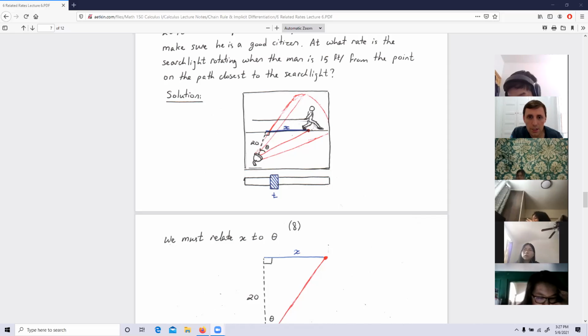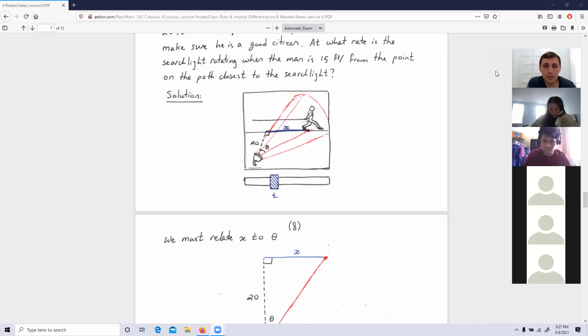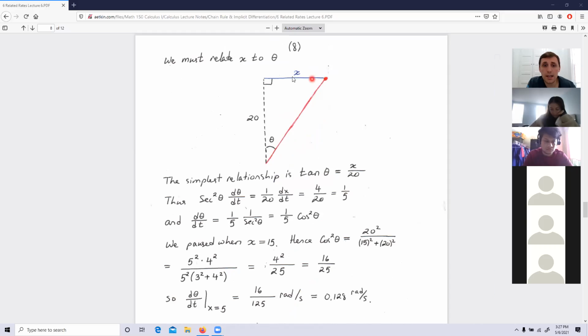Very good. It should be tangent. So this is tangent of theta is x over 20.